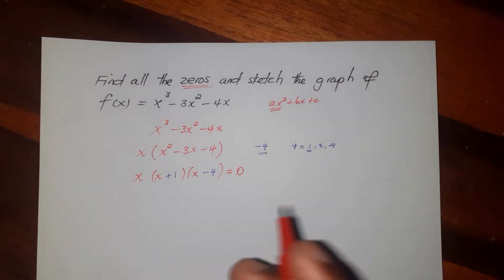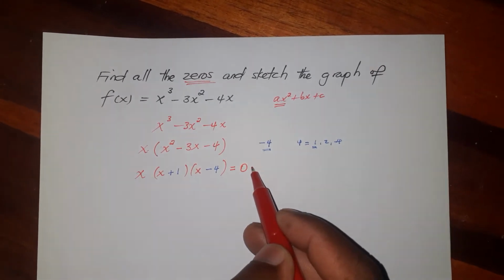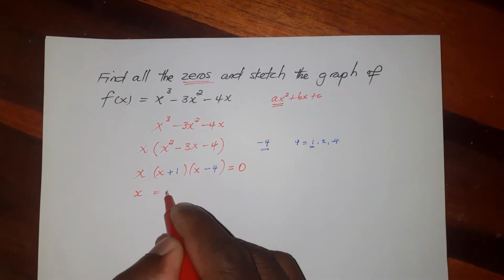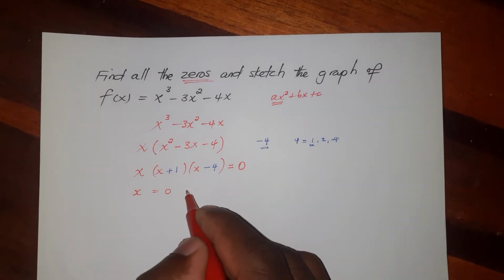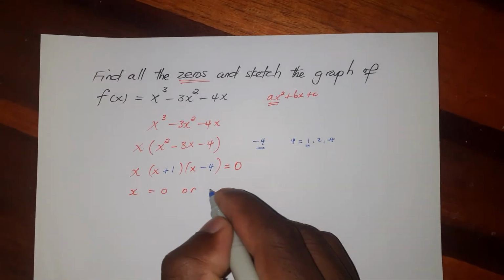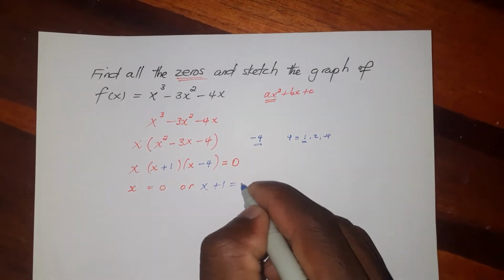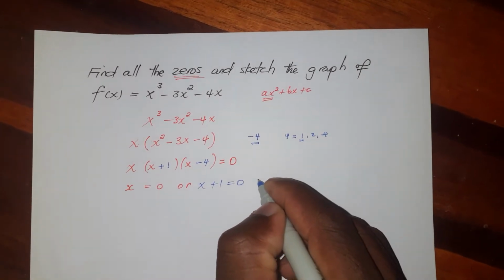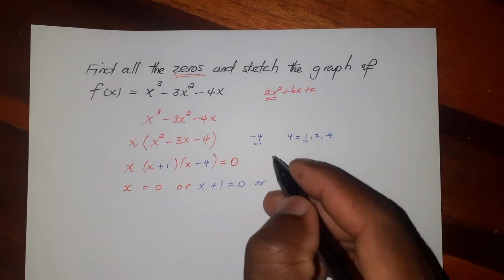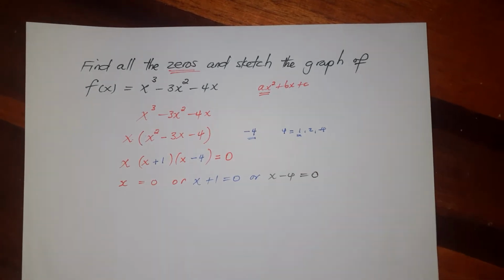So for this to be equal to 0, either x is equal to 0, or x plus 1 is equal to 0, or x minus 4 is equal to 0.